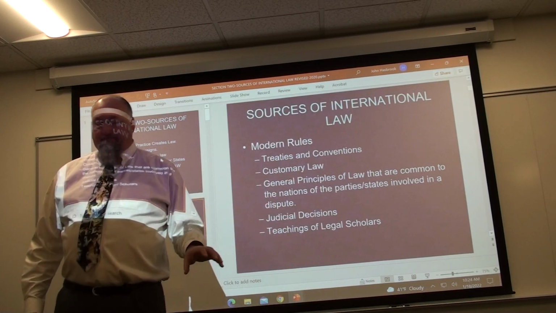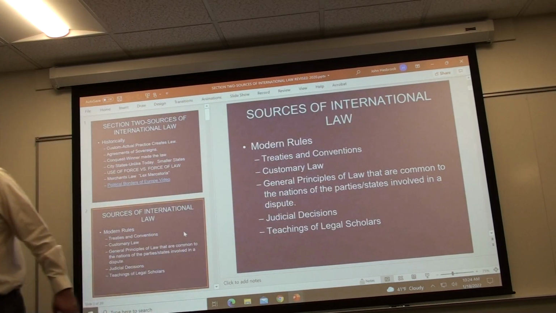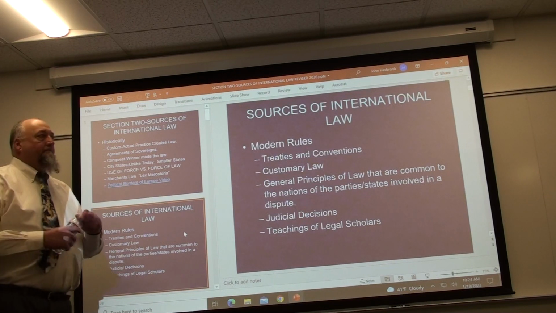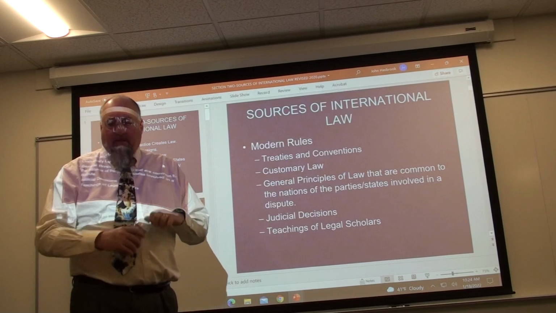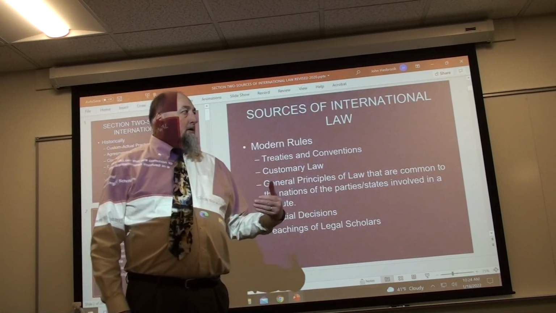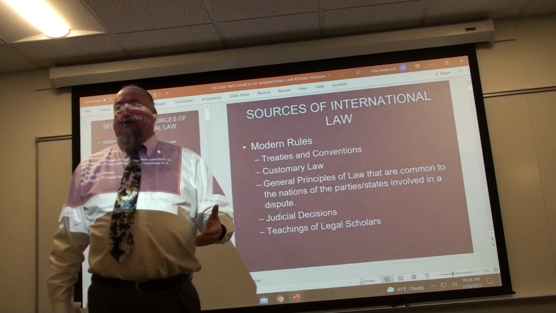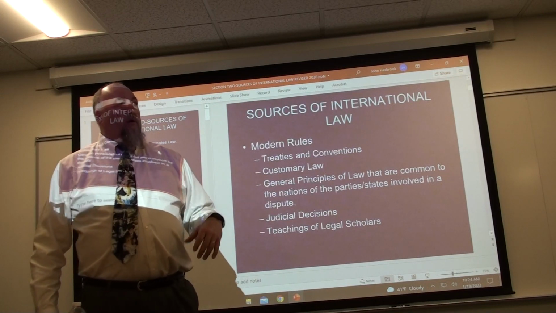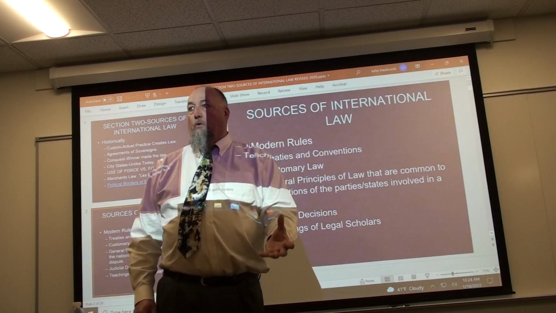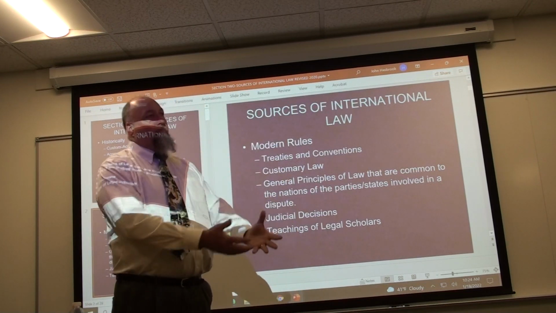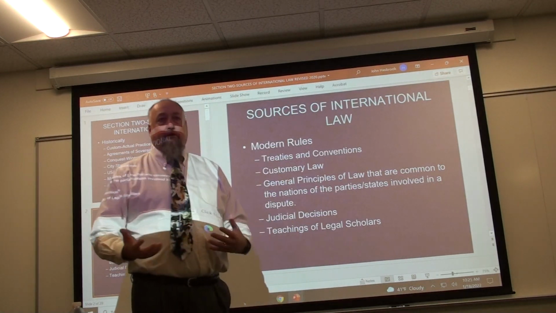Now, what does that mean? So a general principle of law would be something like the right to a jury trial, the right to confront witnesses that are accusing you in open court, the right to be represented by an attorney if you're accused of a crime.